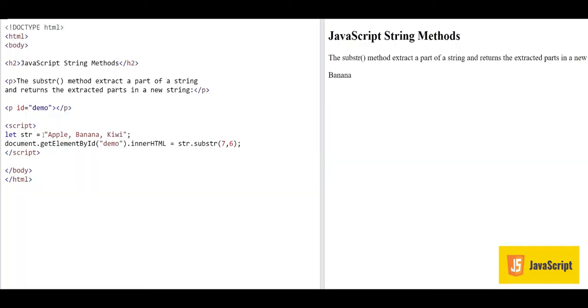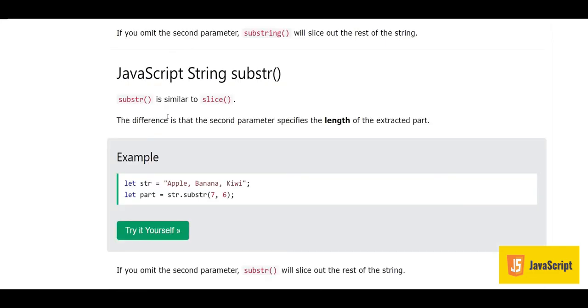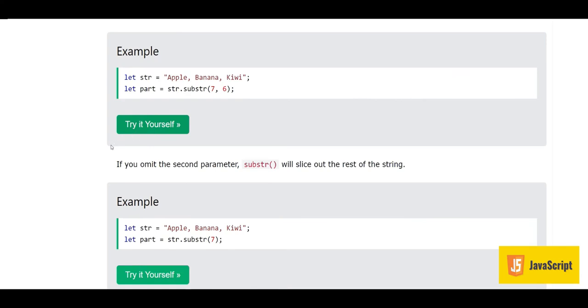So here we have apple, banana, kiwi. Okay, so here we are going to 7. 7 is capital B, so we need 6 characters. B A N A N A, banana. These are 6 characters. So the output is banana. Okay, I hope this is clear to you.